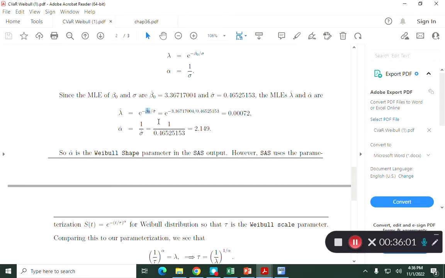So the other thing I want you to look at is that later, when we build a regression, you will see the beta 0, beta 1, beta 2 for the regression, divided by the sigma.